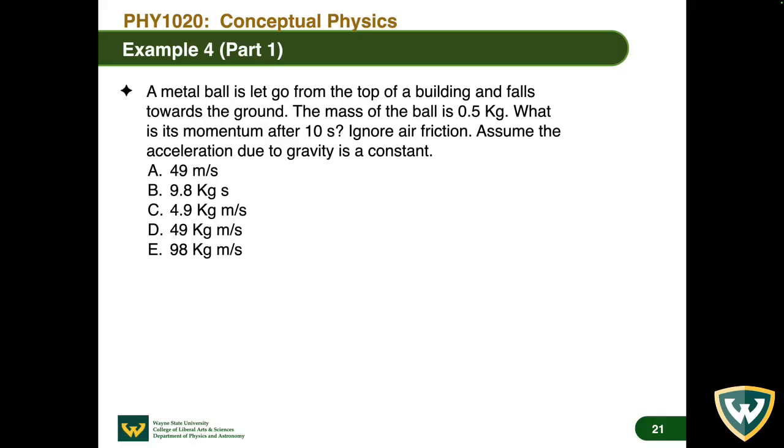Let's assume the ball has a mass of 0.5 kilogram, and we can ask then, what is the momentum after 10 seconds? We will ignore friction, and we will assume the acceleration is due to gravity only, and you know that the acceleration of gravity is 9.8 meters per square second. So what is the momentum after 10 seconds?